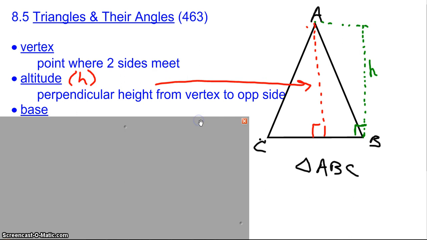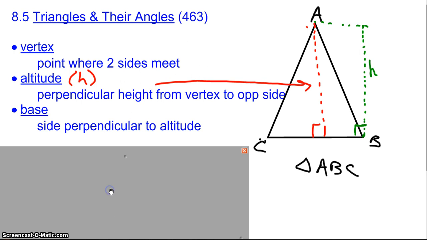Okay. The base is a side that is perpendicular to your altitude. This is really tricky. As I just said, we could choose any side in this triangle here to be a base.